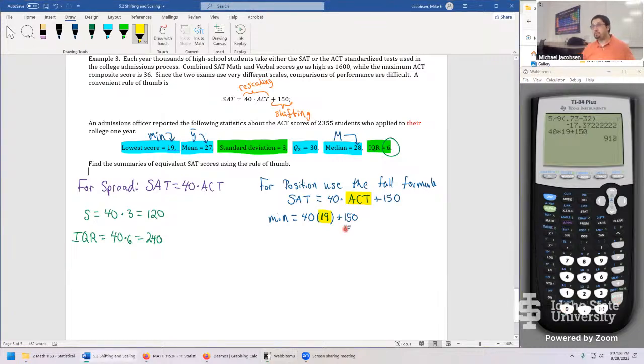So that gives you a minimum SAT score of 910. And then it's just rinse and repeat. Same process, new statistic. Does that make sense to everyone, how we're getting the new data?